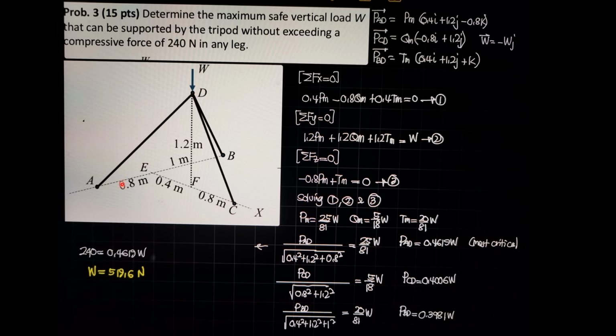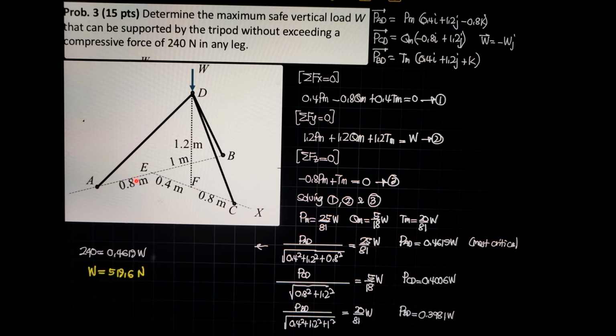So in vector form, PAD is directed backward. This is the z-axis, the vertical is the y-axis, so backward 0.8, rightward along x positive 0.4, and upward 1.2. So the solution would be flexible, different from the preceding solution.